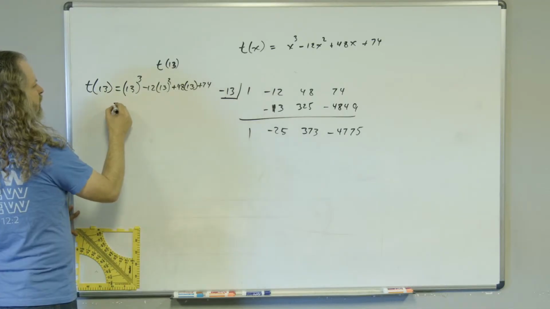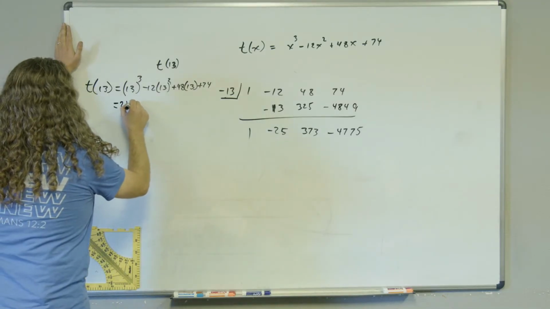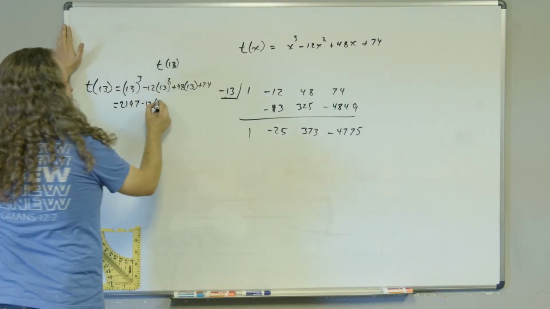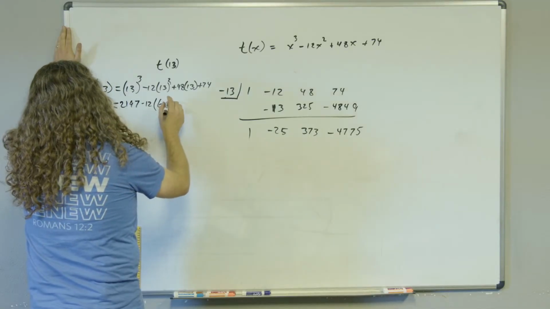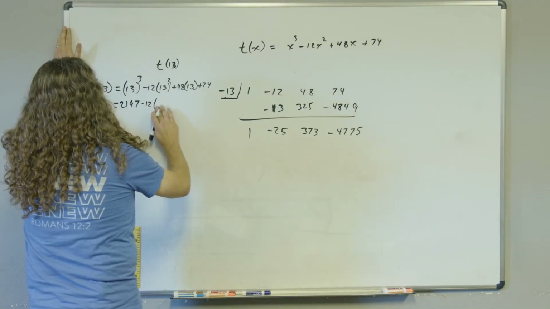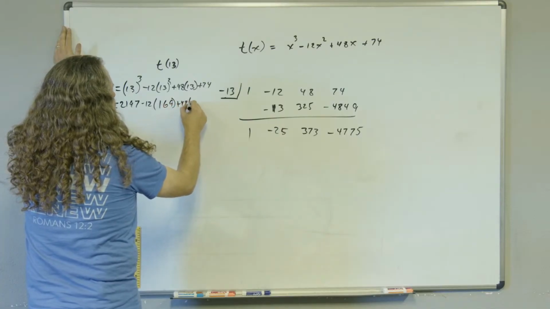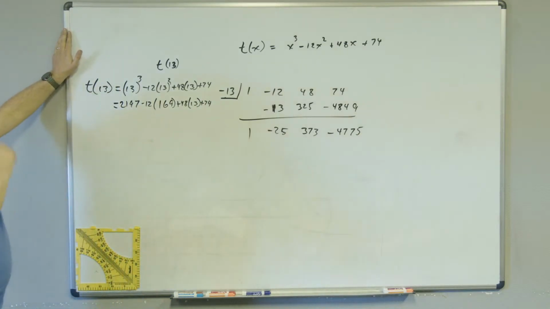What's 13 cubed? 2,197. What's 13 squared? 169.